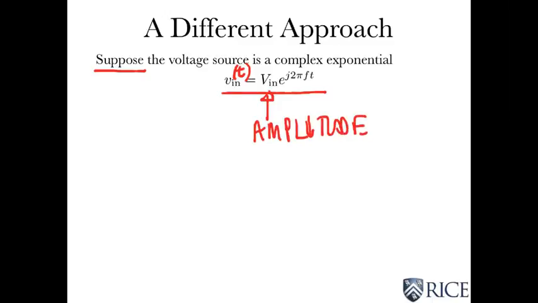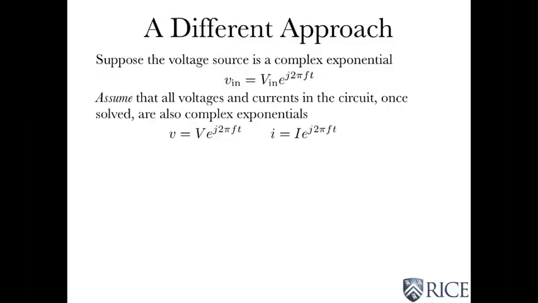The only part that varies with time is the complex exponential, e to the j 2 pi f t. Okay, so we're just going to assume that for right now. Well, here's the claim: every voltage and current in the circuit, once you solve it for the complex exponential source, also turns out to be a complex exponential. Every voltage and every current is of that form.